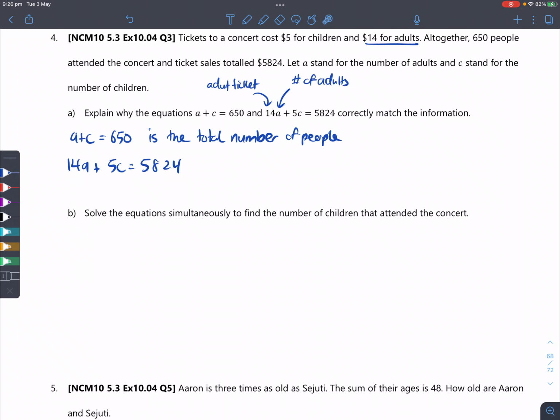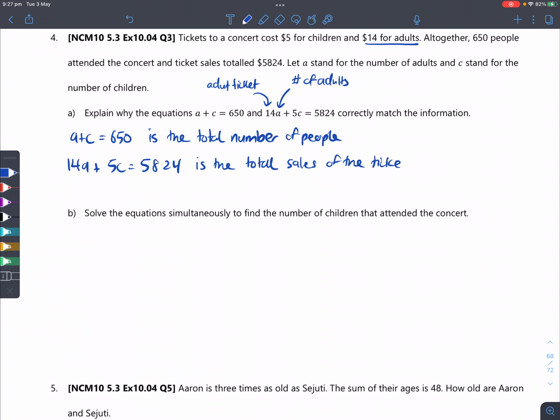So if you wanted to find the total cost of all the adult tickets, it's the number of adults times the cost per adult ticket. And similarly, you have the cost per ticket for a child, which is $5 here, times the number of children, which is C. So that gives you in total the total sales of the tickets, okay?